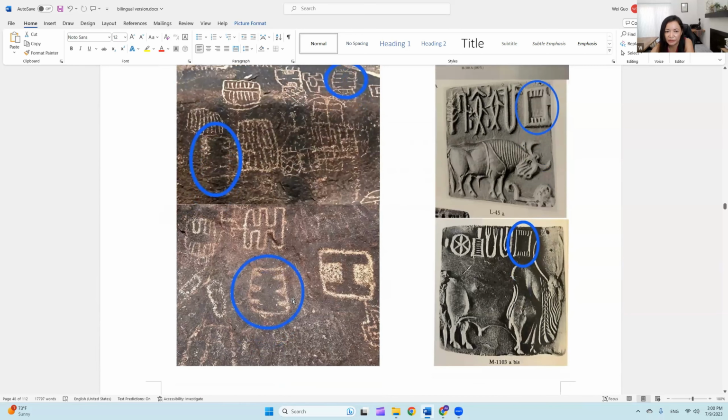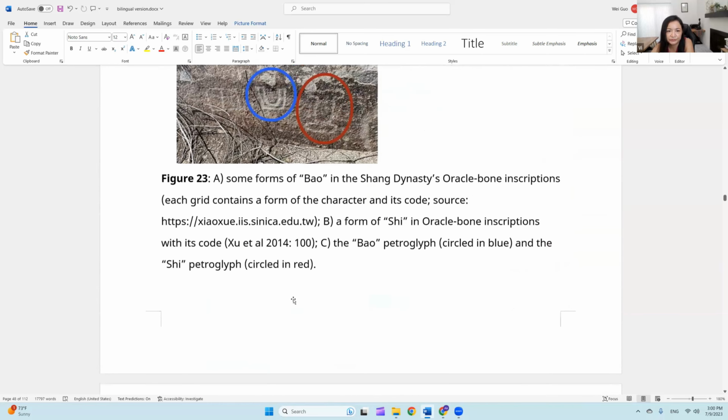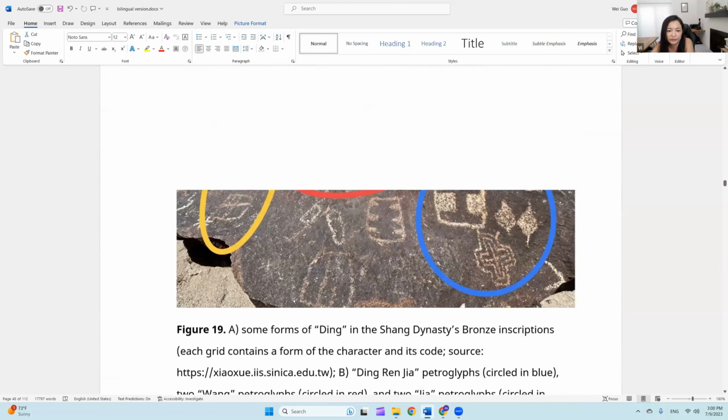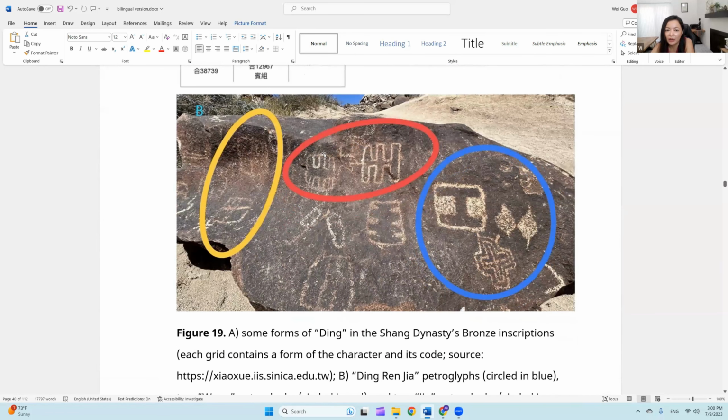Here on this panel, all of these circled ones are Song Dynasty characters, and you can see they are in the same style, right?